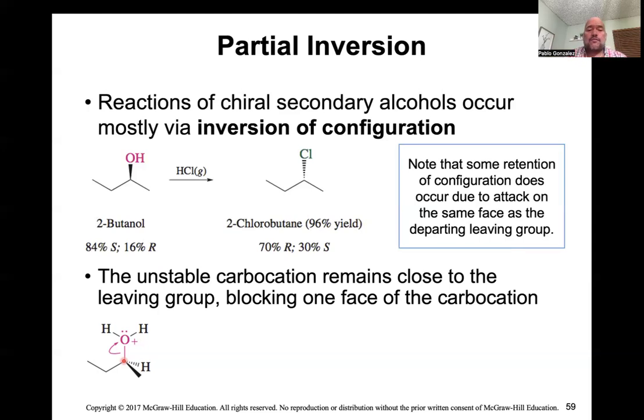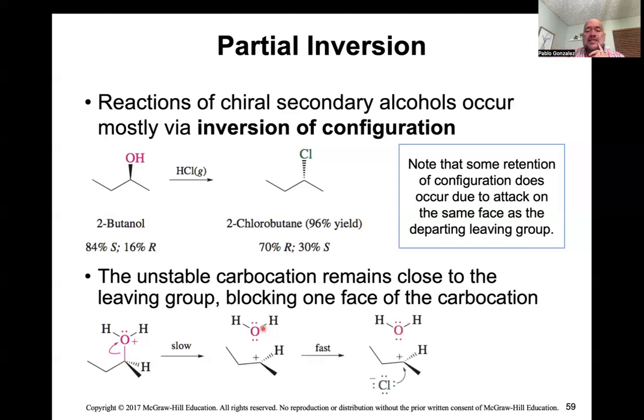However, what is happening here? When this is leaving, we have a secondary carbocation, which is not that stable. So that's why this water is not going to go so far away. It's going to stay close to the carbocation to try to keep it stabilized. Because of that, that water is blocking that face for the chloride or the nucleophile.